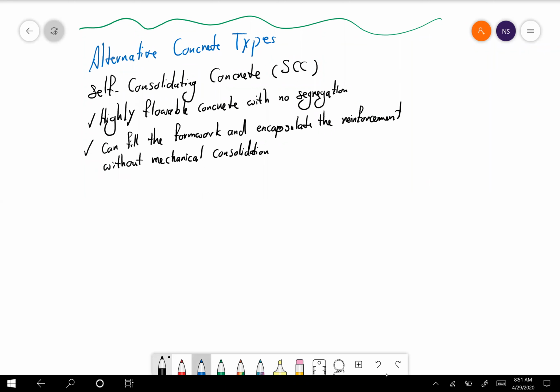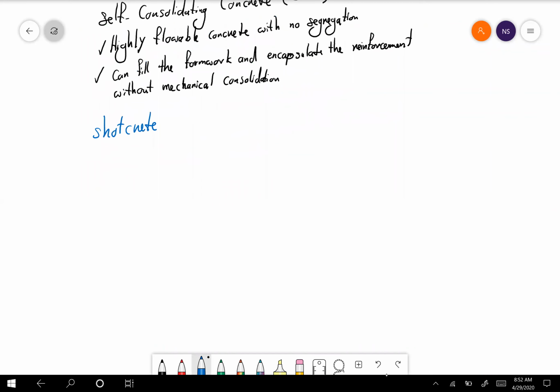And there are two more. The first one is called shotcrete. This is when you spray the concrete onto the surface, mostly for tunneling and excavation.